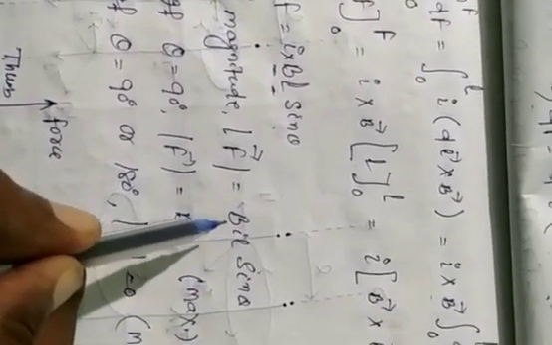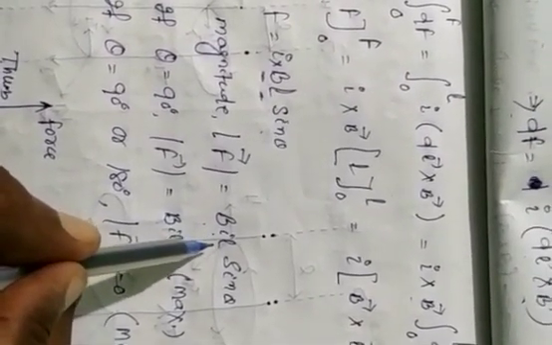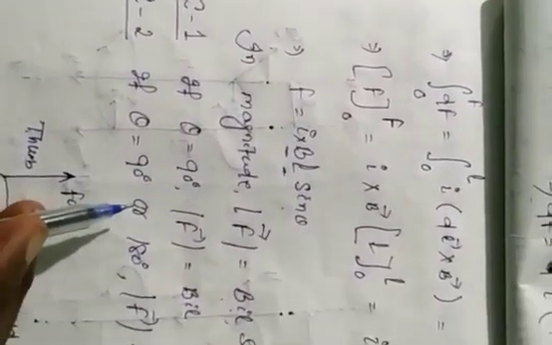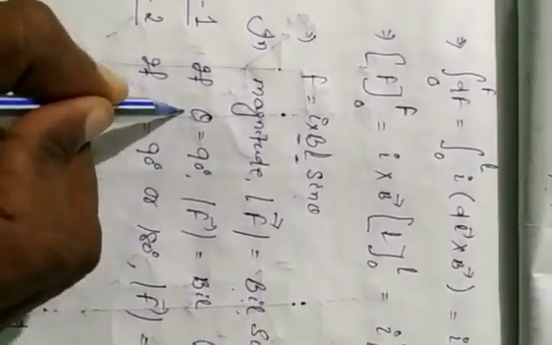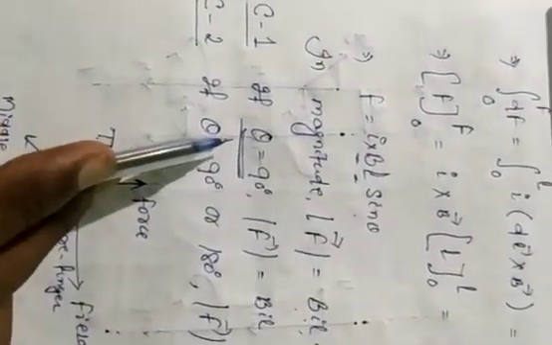Here B is the strength of the magnetic field, I is the amount of current flowing through the conductor, L is the length of the conductor, and theta is the angle between B and L. Now, if the conductor is placed at a right angle to the field, that is perpendicular to the direction of the field, then theta equal to 90 degrees.